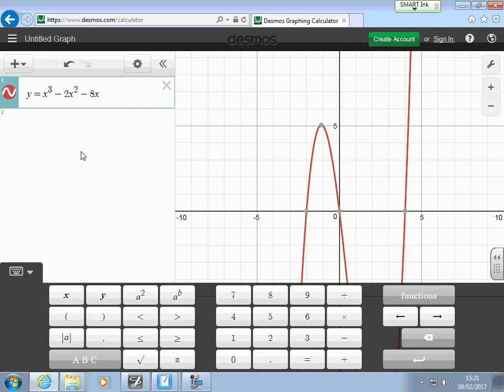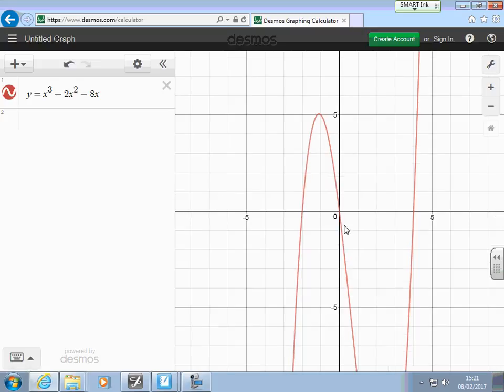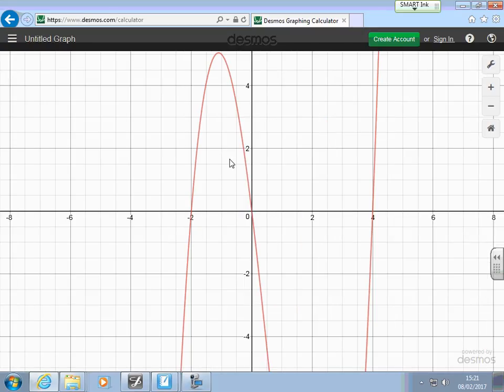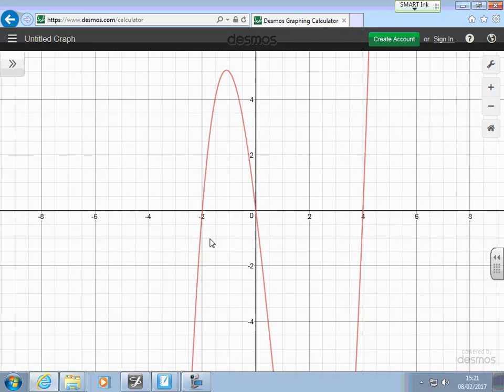And that's it, yeah? So this software, I can hide that and make the graph a bit bigger. I can pick out these points here.